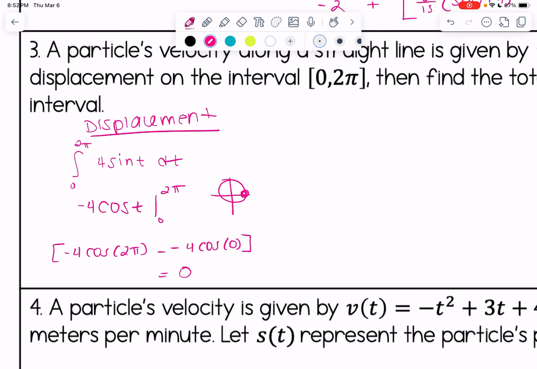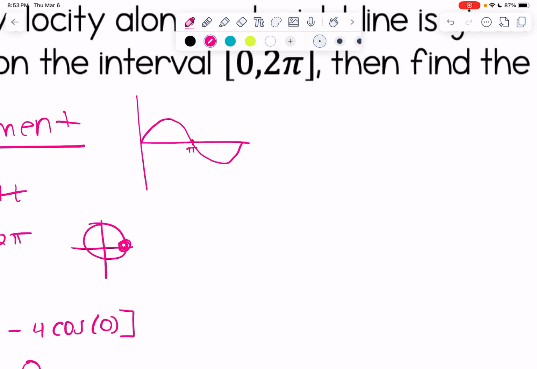Now, for this question, when we are finding displacement, we could also verify this answer of 0 graphically if we think about what 4 sine t looks like, or just any sine curve, like sine of x, for instance. We can imagine that it looks like this, and this value here is pi, 0, 2 pi.